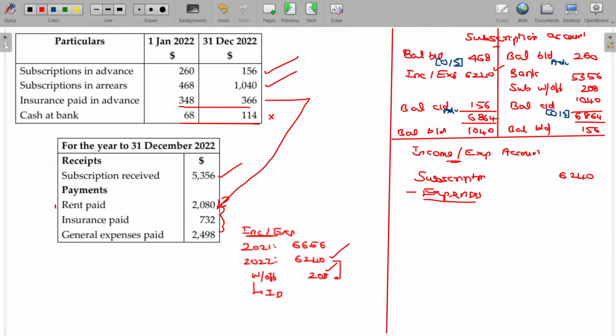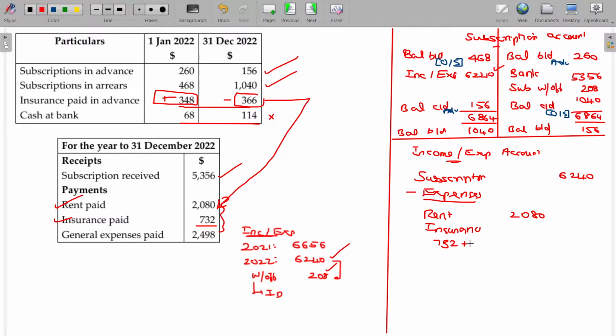Under that, we have been given rent paid, 2,080. Insurance paid is given, 732, but actually we have to consider the insurance for the period. In case of closing advance, it should be subtracted. If there is any opening advance, that should be added, since any advance meant for this period should be added.